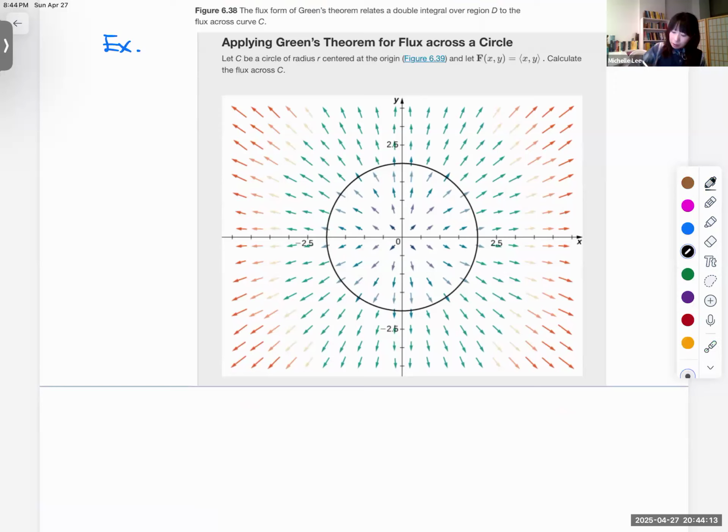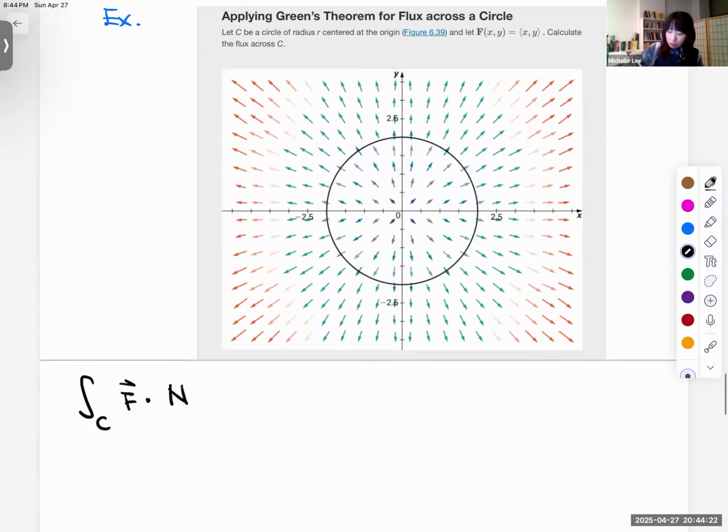The integral of the vector field dot product with the unit normal vector. Then we can use Green's theorem, which is P sub x plus Q sub y dA, right?